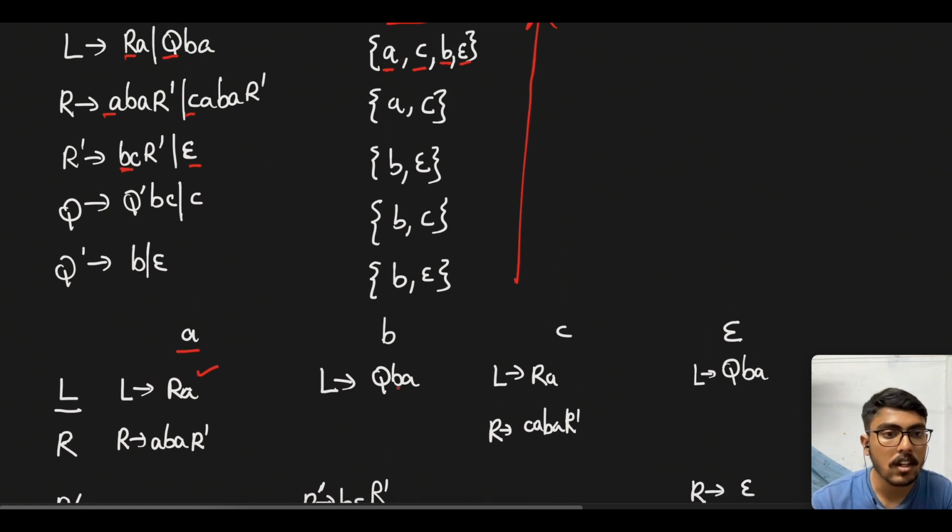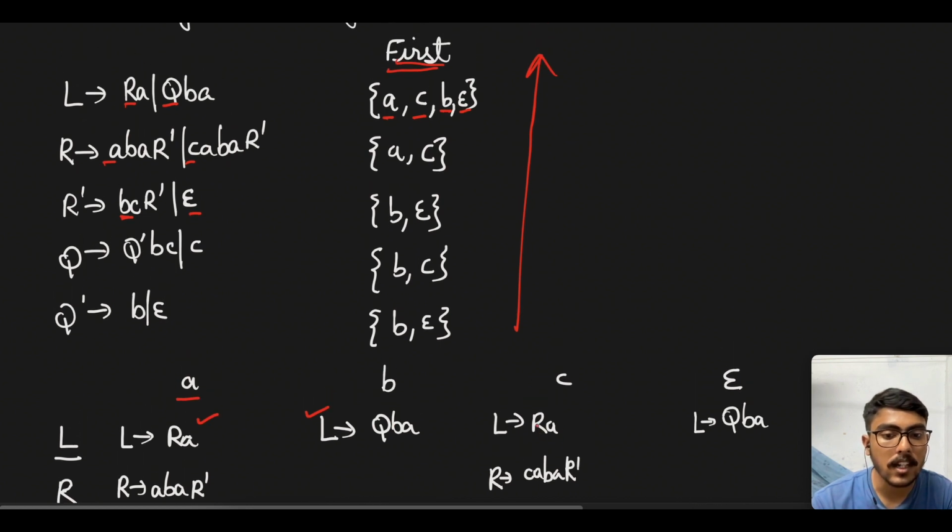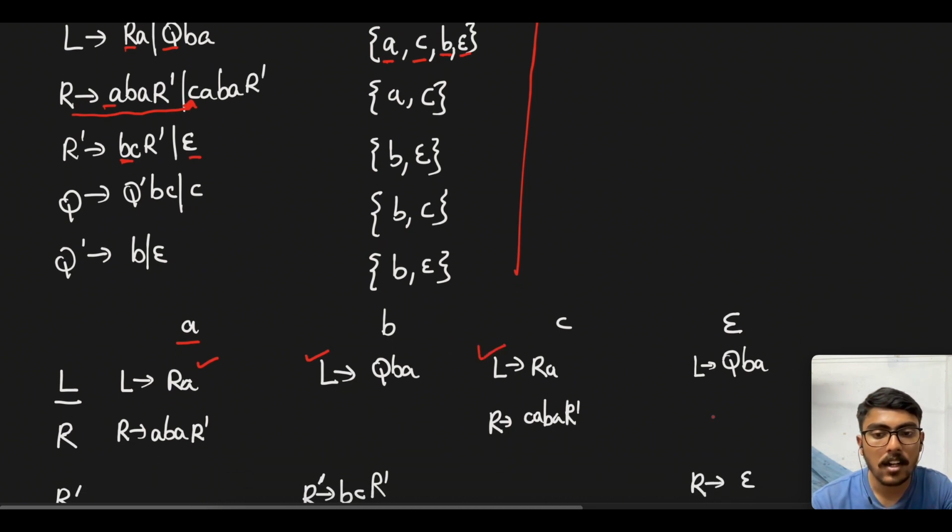Then again for Q, we will see that Q goes to Q dash and Q dash goes to B, so L has QBA in the B part. And again for R, A in C part, since R will go to C as the first, and again L to QPA, since first of L in this production will be epsilon.